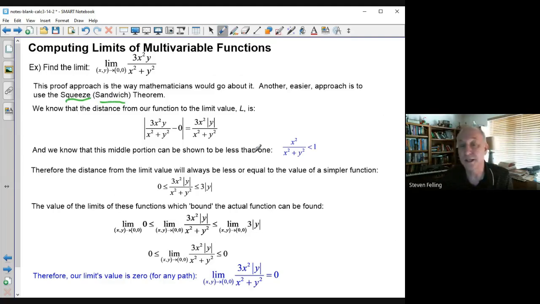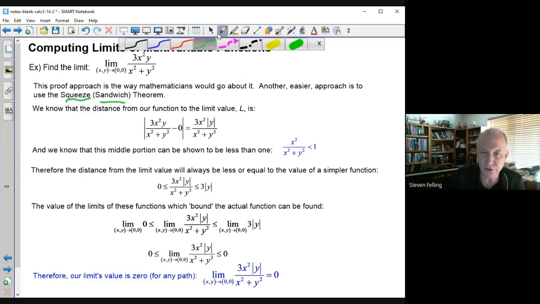Okay, and the idea is that if we think that this is close to the value 0, that the difference between this and 0 is very small, in other words, that the limit is this value 0, then we can just go ahead and replace this with absolute value.